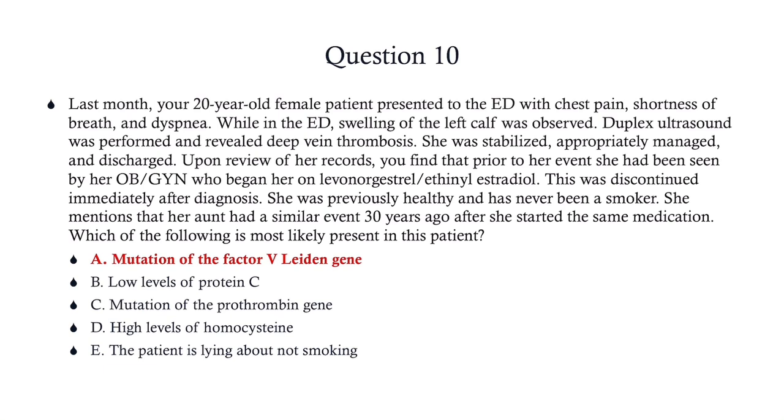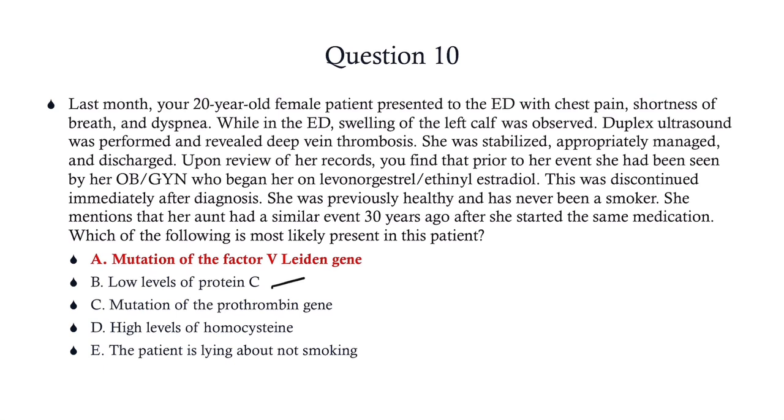Now, this just requires you then to know what is going on as far as the inherited thrombophilia. And we know it's inherited because her aunt had the same thing happen. And so then you just need to know what's the most common inherited thrombophilia, and that is a factor V Leiden mutation.